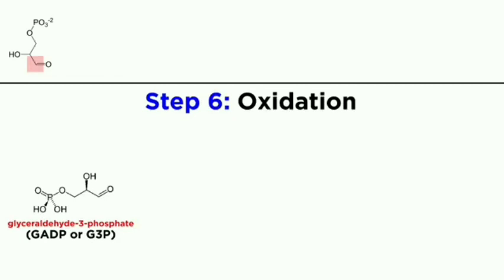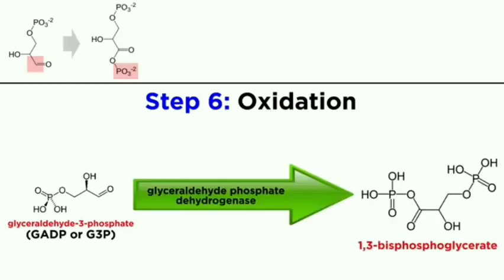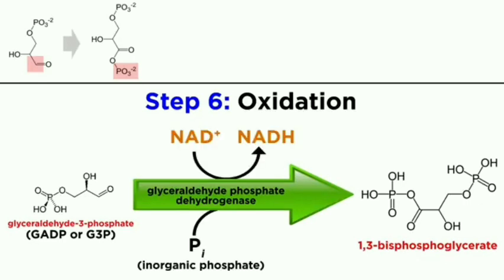Let's just look at one of our 2 GADP molecules from the preparatory phase, and we see that the first thing that will happen is an oxidation to become 1,3-bisphosphoglycerate. This requires NAD+ and a free phosphate, or inorganic phosphate, to occur, and the enzyme involved is called glyceraldehyde phosphate dehydrogenase.